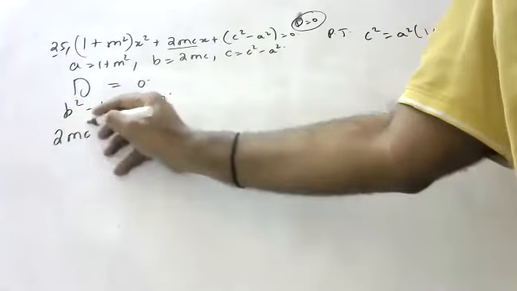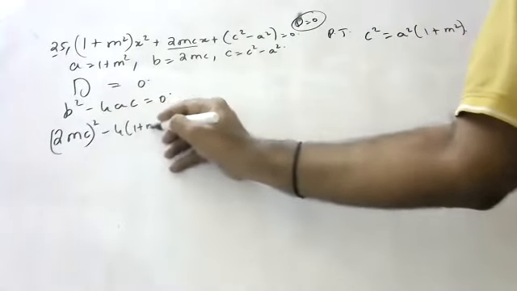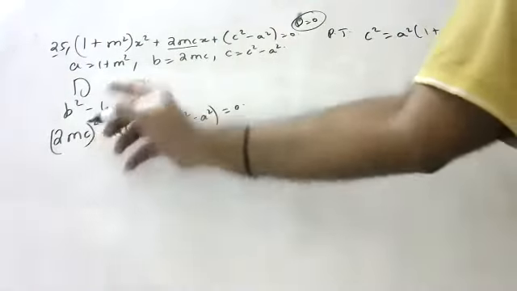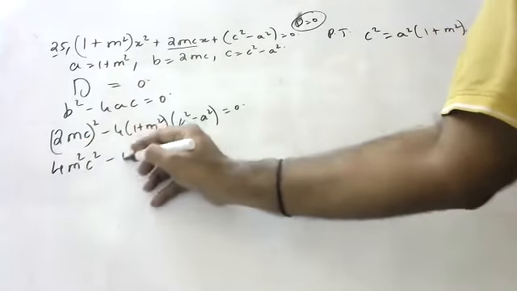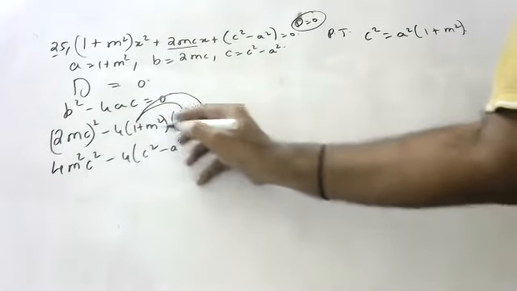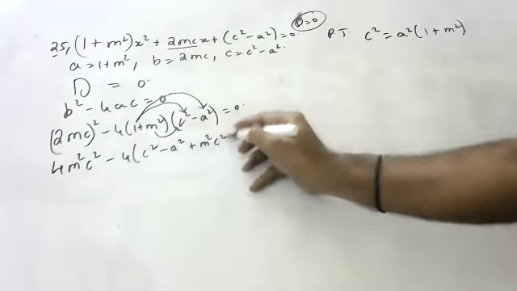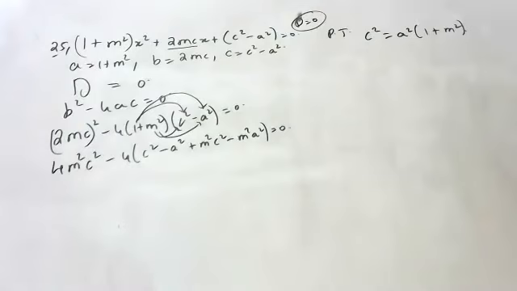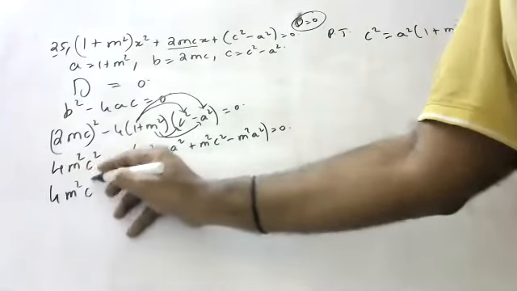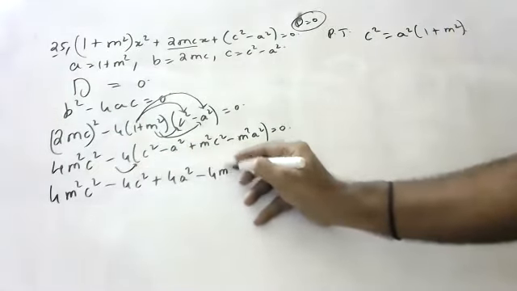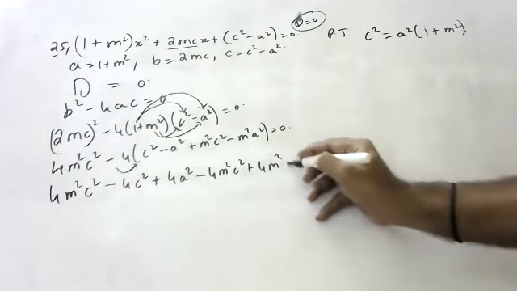Can anyone tell me the substitution? 2mc whole square minus 4 into 1 plus m square into c square minus a square is equal to 0. 2mc whole square is 4 m square c square, minus 4 c square plus 4 a square minus 4 m square c square plus 4 m square a square is equal to 0.